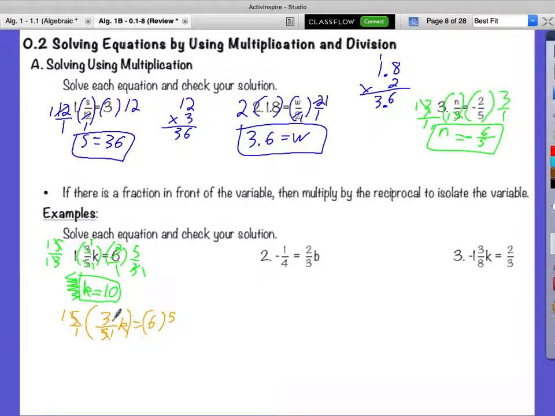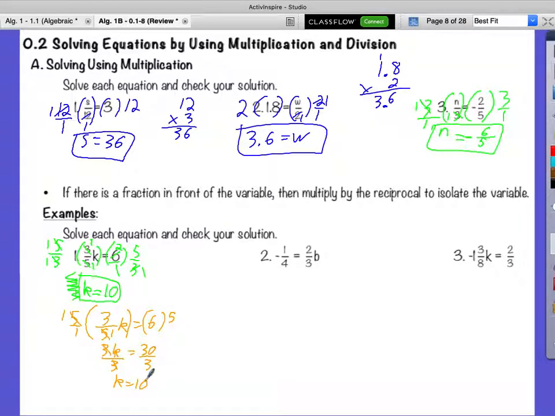So we'd be left with 3k is equal to 6 times 5, which is 30. How would we get k by itself here? Divide by 3, and 3 divided by itself is 1. So we're left with k is equal to 30 divided by 3, which is 10. Do we get the same answer?